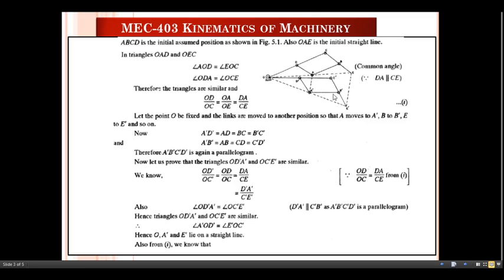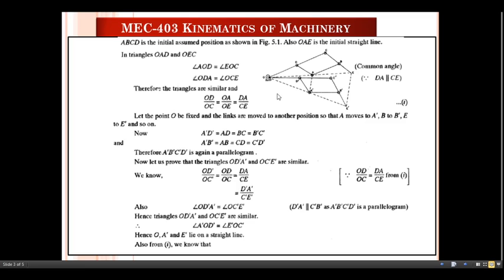Therefore A dash B dash C dash D dash is again a parallelogram. So here also we can prove that the ratio of the lengths for the displaced position and the original position are the same.